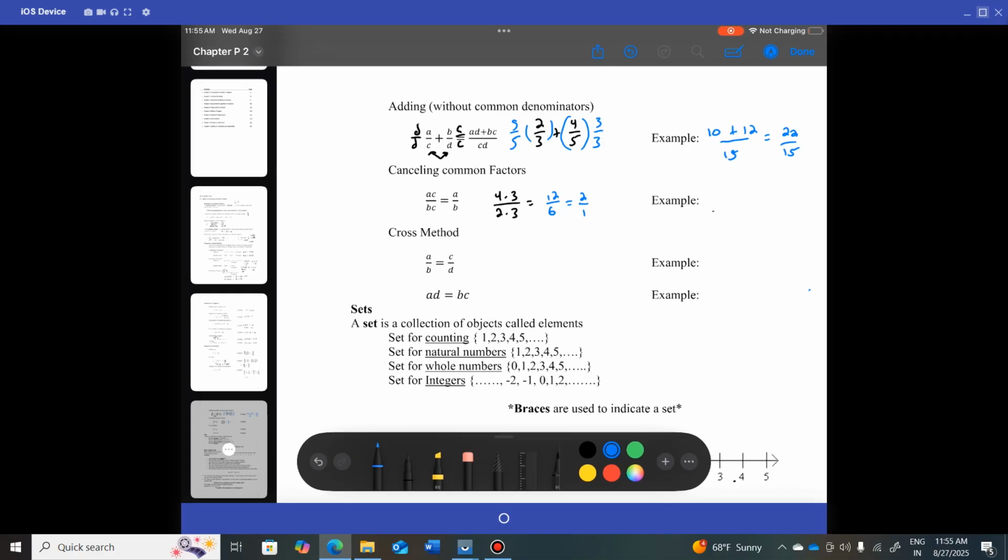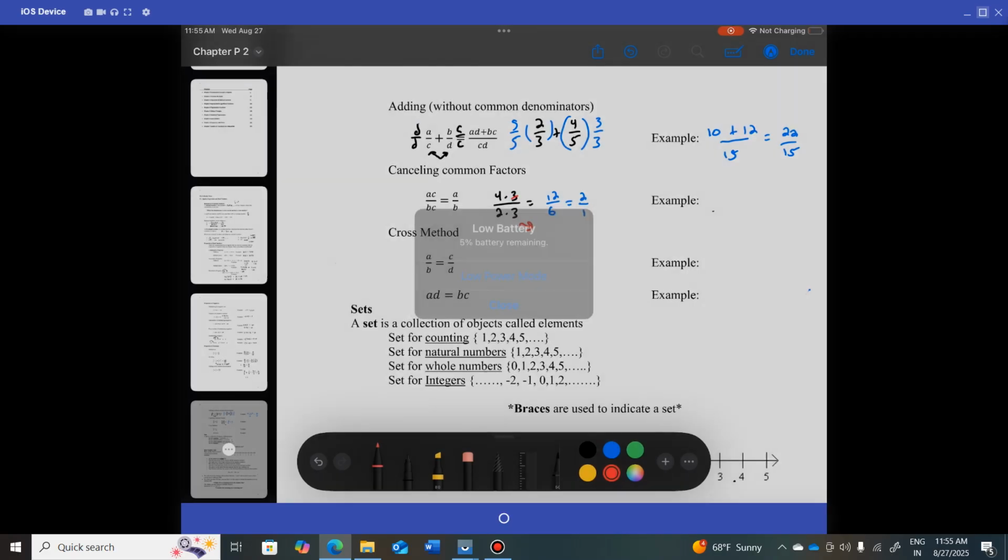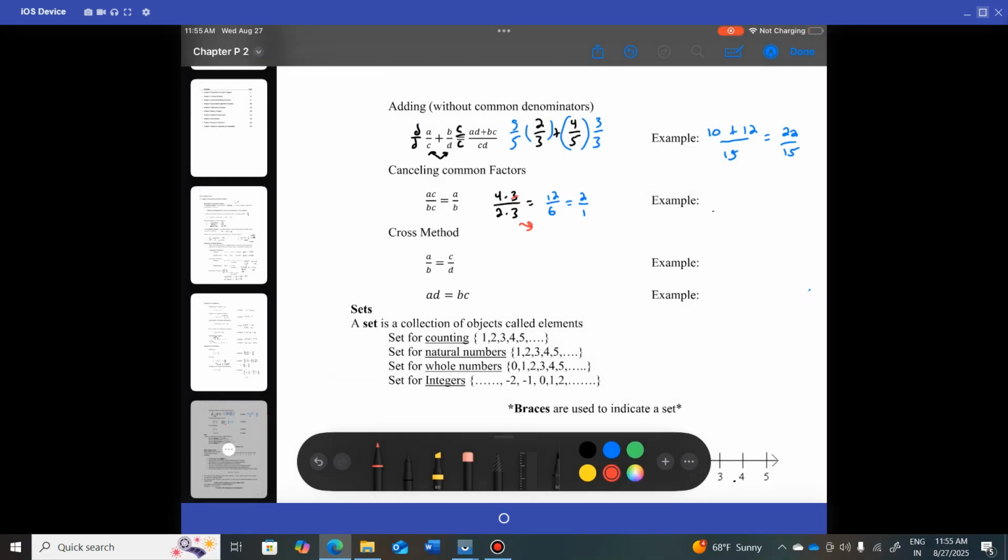Or we can cancel the 3's to have 4/2, which is also going to be 2 over 1, and both of these equal just 2.